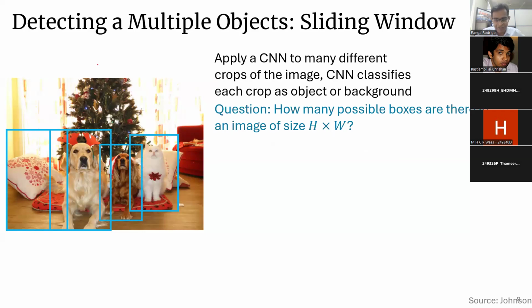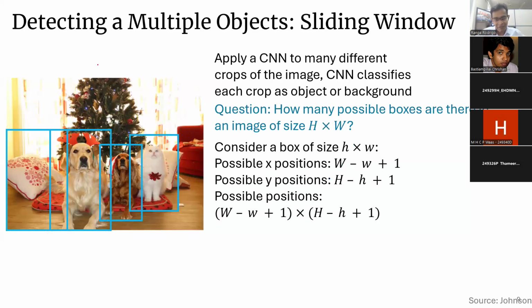How many possible boxes are there in an image of size H times W? Consider a box of size small h times small w. Possible x positions, W minus w plus 1. Possible y positions, H minus h plus 1. Those are the possible positions, right?